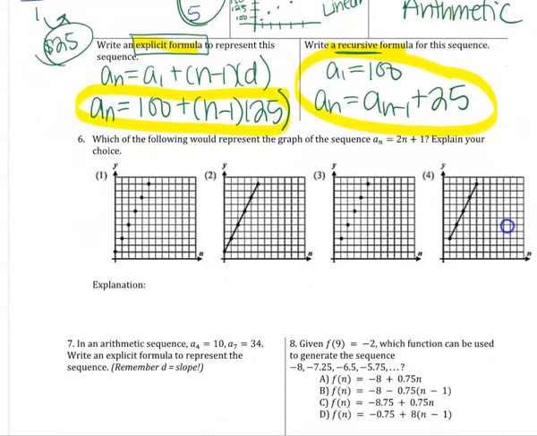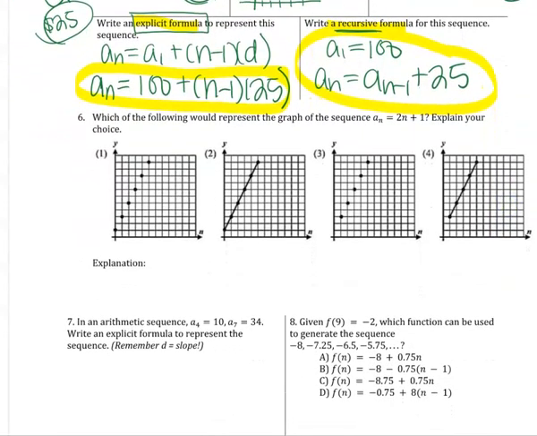All right, multiple choice. Which of the following would represent the graph of the sequence a sub n equals 2n plus 1? First of all, 2 things I'm going to eliminate here are options 2 and 4, because they are connecting the dots. By definition, the domain of a sequence is the counting numbers: 1, 2, 3, 4, 5, and so on.